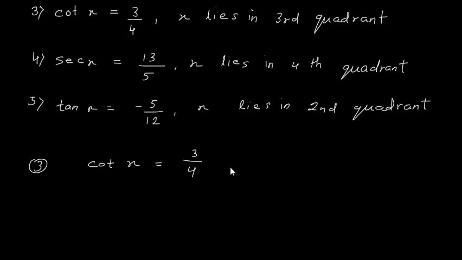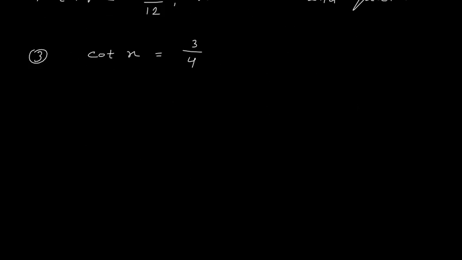The trigonometric identities are 1 plus tan square x is sec square x and 1 plus cot square x is equal to cosec square x. So we have the identity 1 plus cot square x is equal to cosec square x.